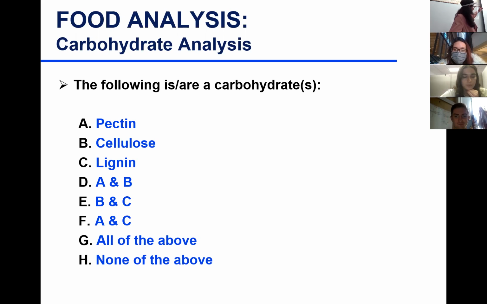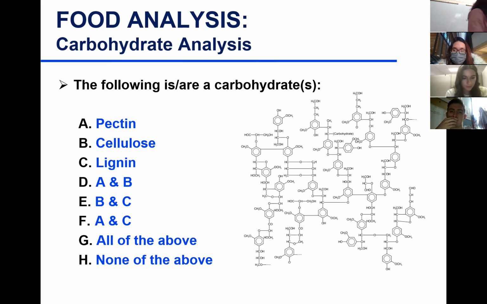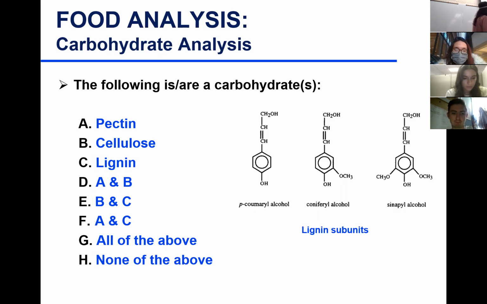So A and B are carbohydrates. Lignin is not. All of them are dietary fiber components, but dietary fiber does not mean that it is a carbohydrate. Lignin is not a carbohydrate, it is a dietary fiber. This is what lignin looks like in terms of structure. The subunits are not carbohydrate subunits.